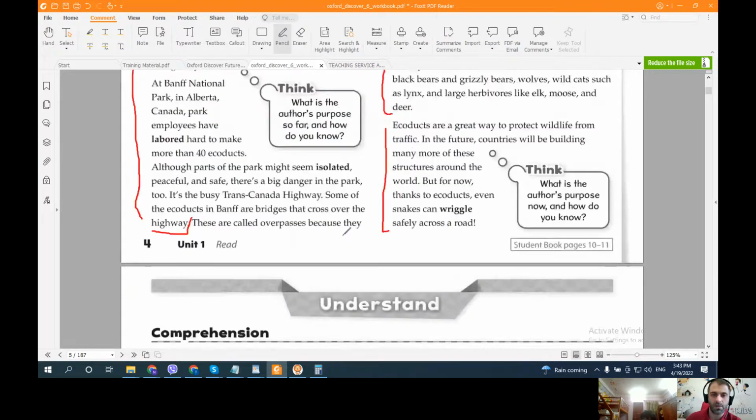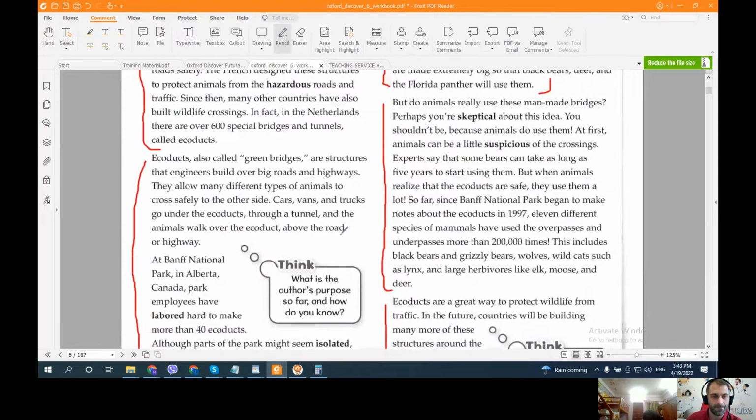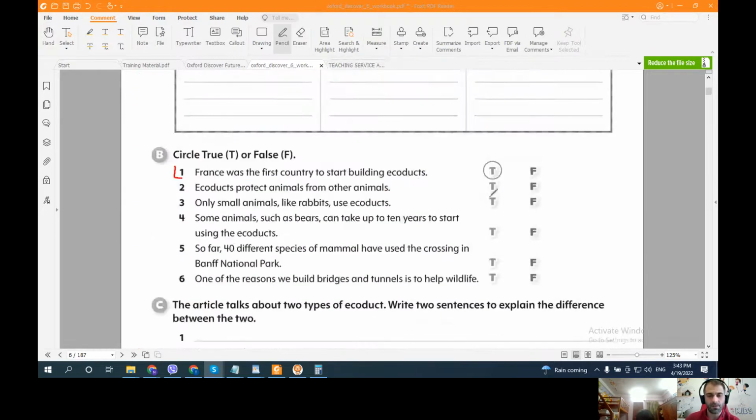Okay, let's go up. False. Okay, number three: I think only small animals. Can you please read? Also false. Small animals like rabbits use aqueducts.